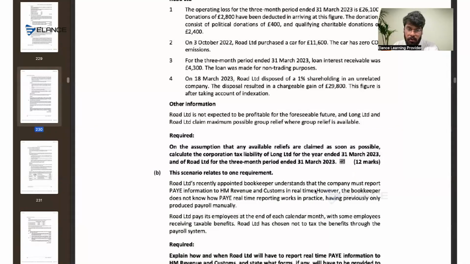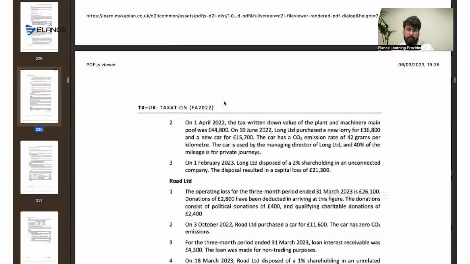On the assumption that any available reliefs are claimed as soon as possible, calculate the corporation tax liability of Long Limited for the year ended 31st March 2023 and Rod Limited for the 3 months period ended 31st March 2023. In the requirement itself, they mention that any available reliefs are claimed. So group relief is actually claimed. Let us move to the question.